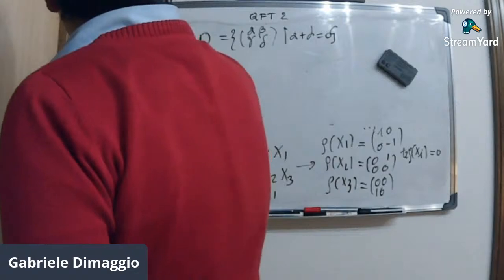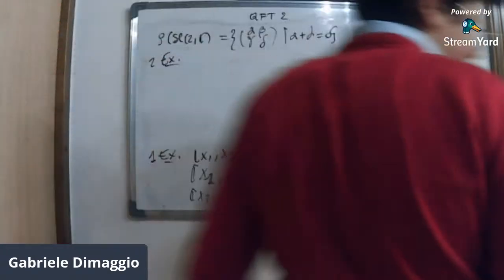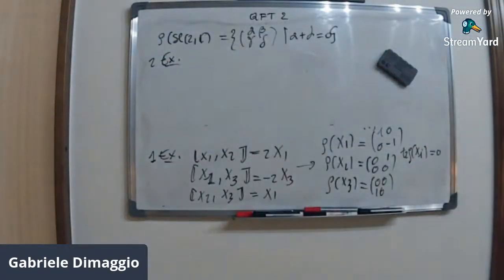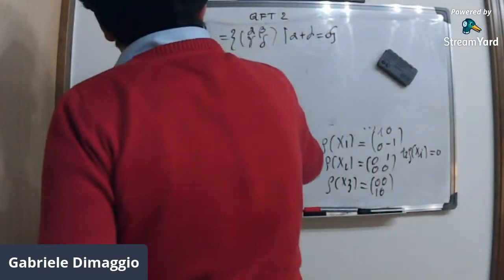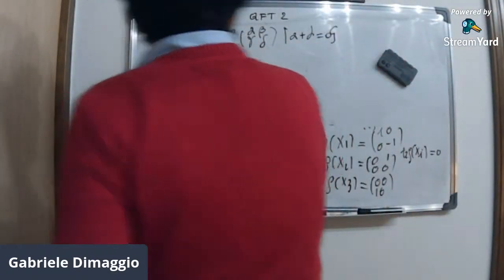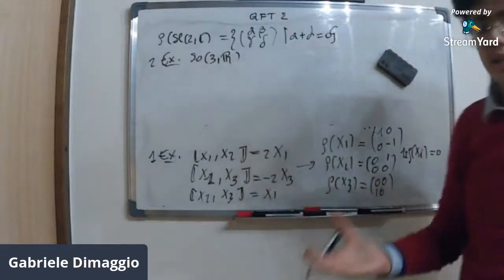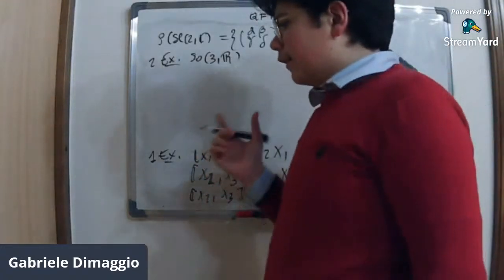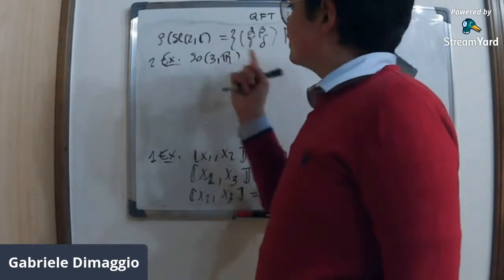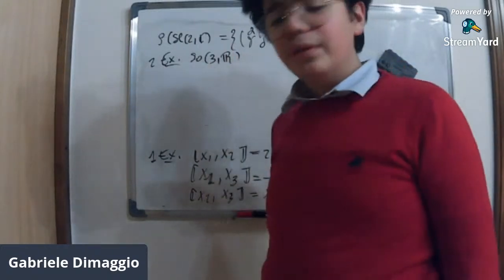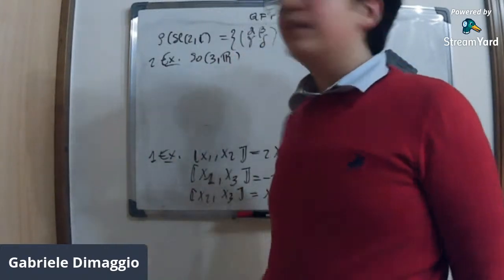Another example, so this is one. The second example is the Lie algebra SO3 over R. This is an important group in physics because it can be shown that every matrix that lives within this group is a rotation matrix, okay?